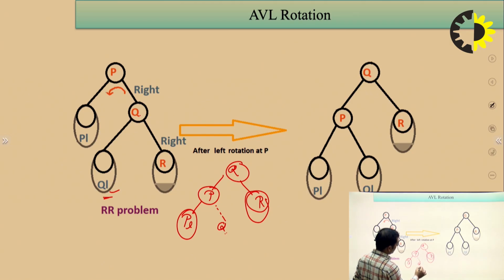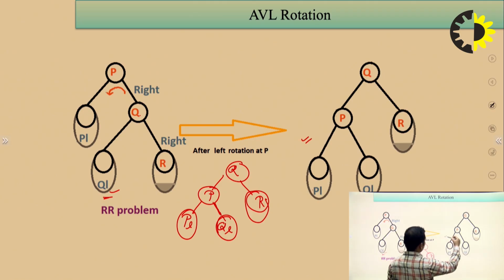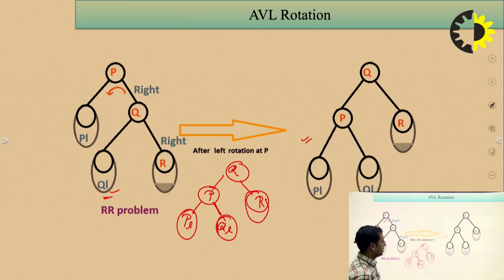We will attach QL here. So, after rotation we will get these new situations of the nodes. This is Q, P, R, this is PL and this is QL. In this manner we attach in this single rotation situation, just RR.